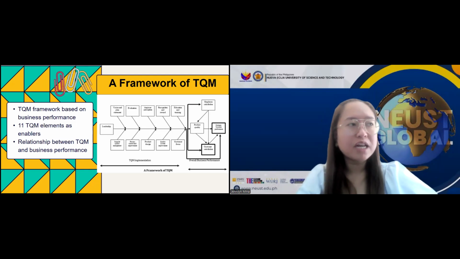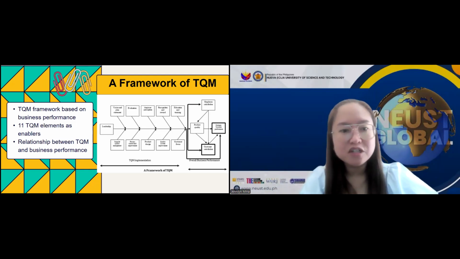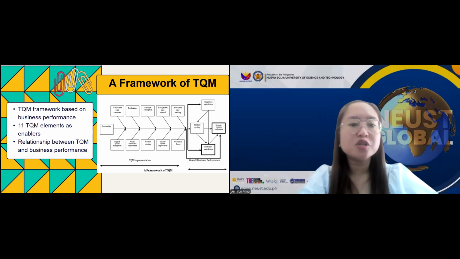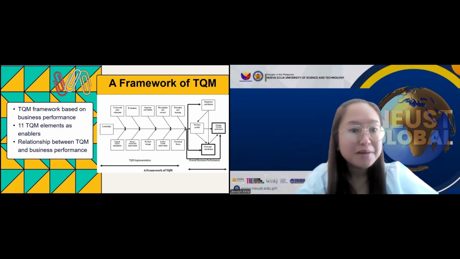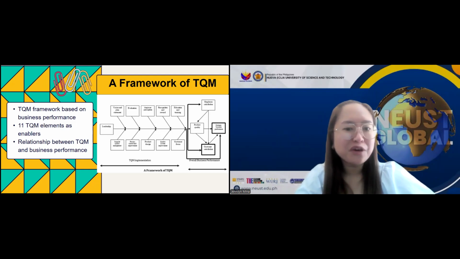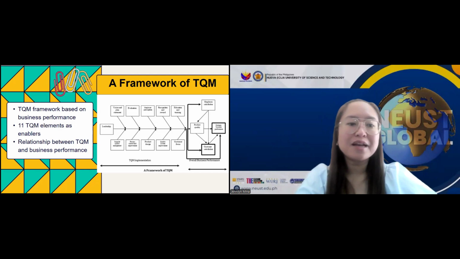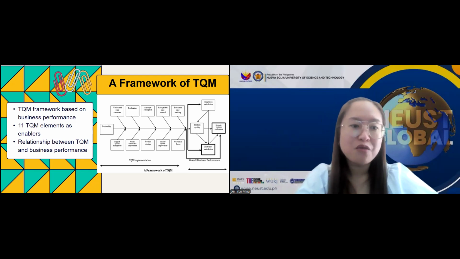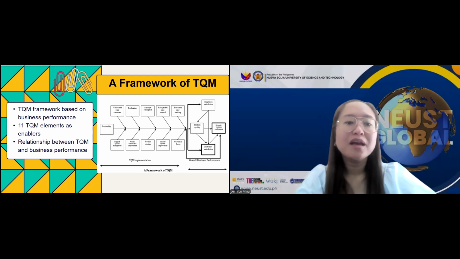Education and training build skills for quality management. Supplier quality management ensures high quality materials, and process control and improvement reduces defects and enhances efficiency in the workplace. Product design focuses on customer needs, quality system improvement ensures consistent quality monitoring, and customer focus enhances customer experience.